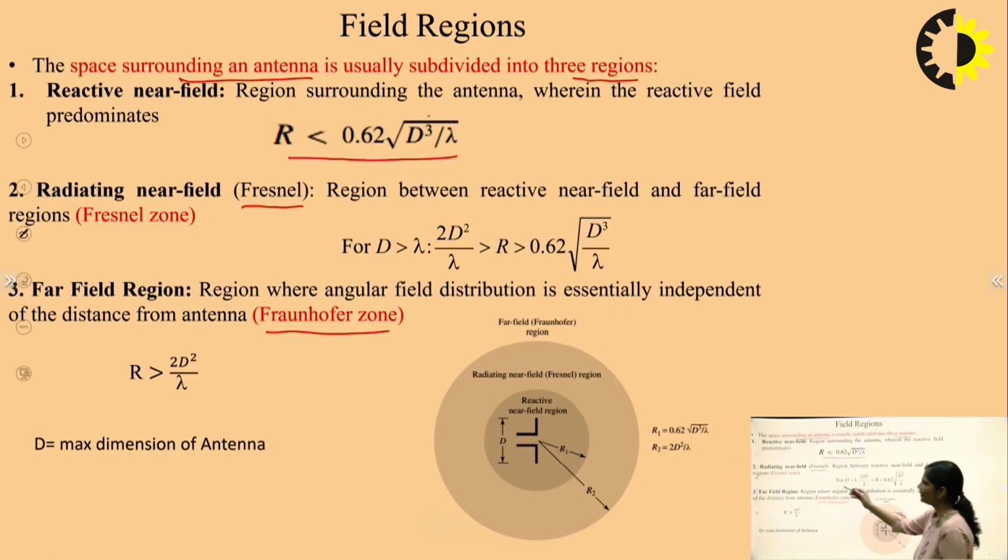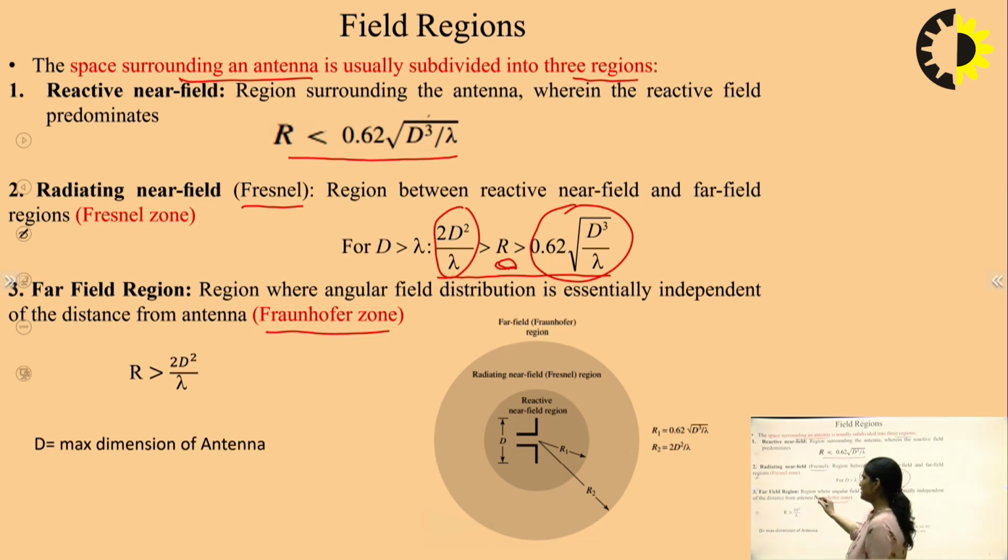Second is the Fresnel zone, the region between the reactive near field and far field region. For directivity greater than lambda, your R varies from 0.62 under root D cube upon lambda to 2D square upon lambda, so the region varies in between these.